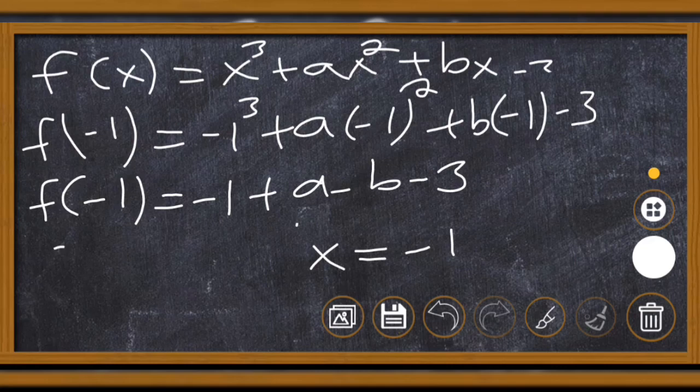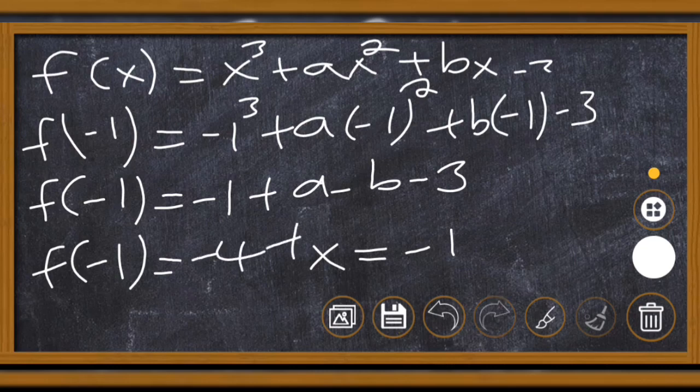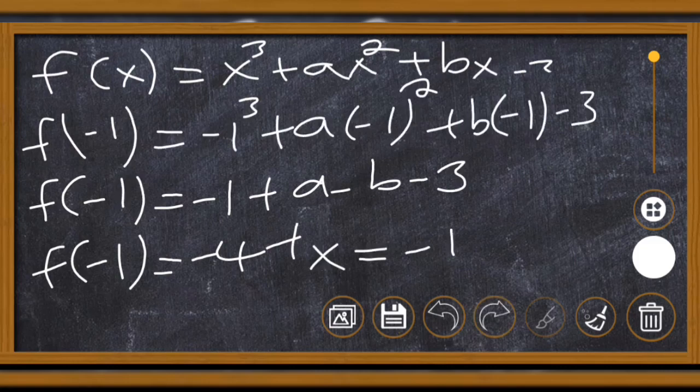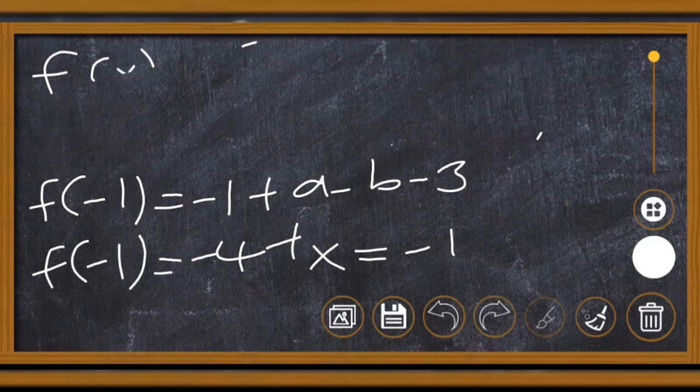So simplifying this further, we are going to have negative 1 added to negative 3, it's going to be negative 4, then plus, okay, let me just wrap this part here, the whole of this on top, so that we don't need it anymore. Hopefully you are following.